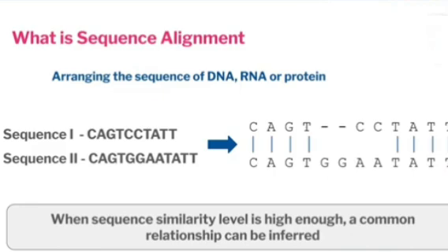If they were, they couldn't have two different functions. But to find the highest similarity possible, these gaps are introduced between the sequences, to find the highest possible similar sequence with the query sequence.